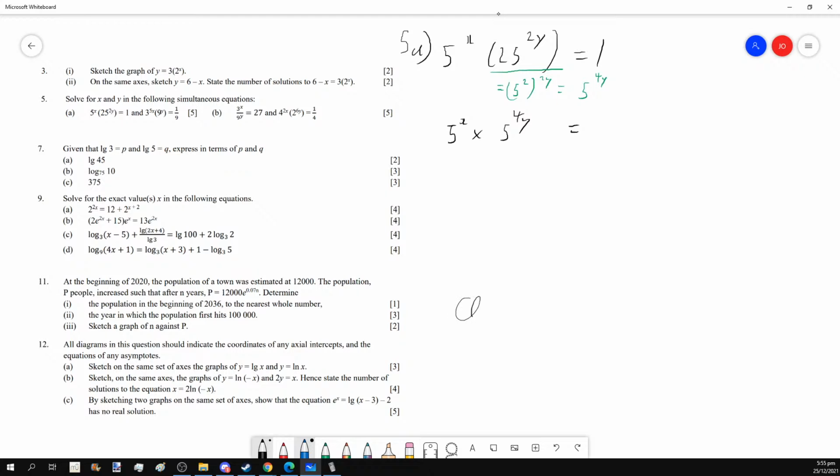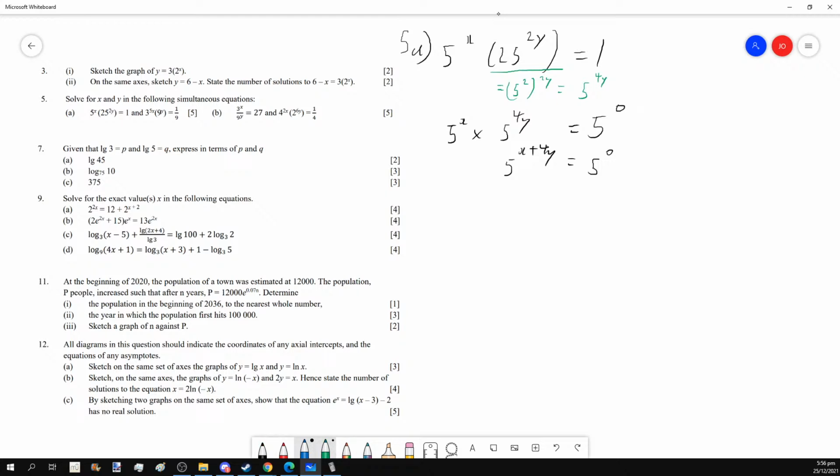If you remember, anything to the power of 0 equals to 1, and therefore 1 can also be equal to 5 to the power of 0. So in other words, I'm just going to slap 5 to the power of 0 over here. And this is very nice because I can then change the left hand side into 5^(x+4y) equals to 5^0.